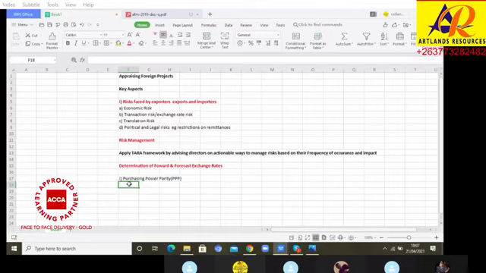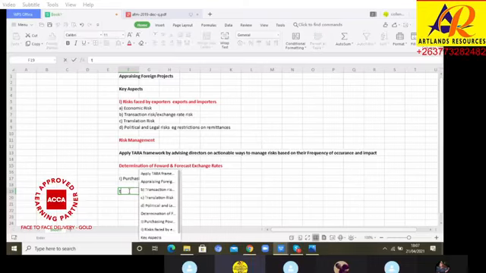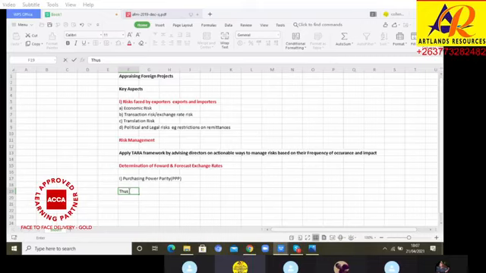That's the forecast spot exchange rate, which is ST equals, in purchasing power parity, S0 times (1 plus HC) over (1 plus HB). That's purchasing power parity.